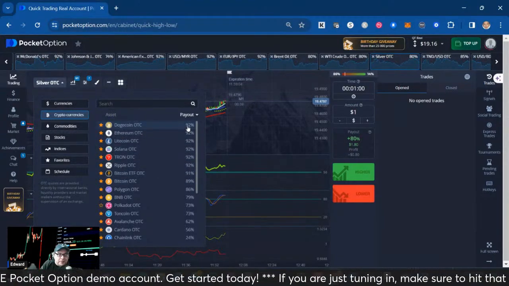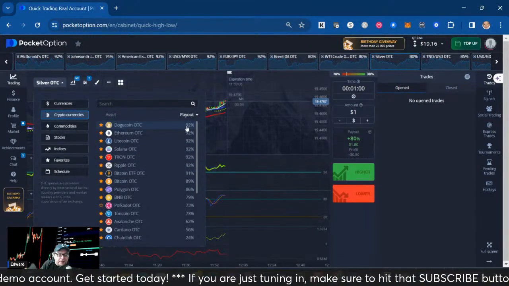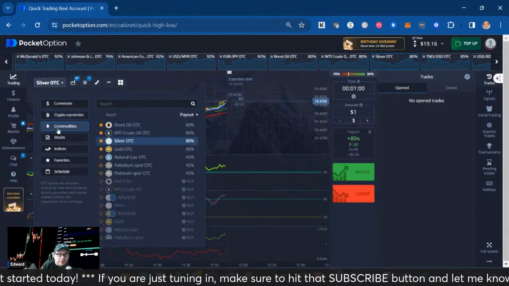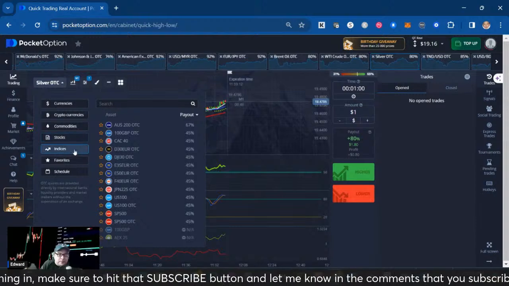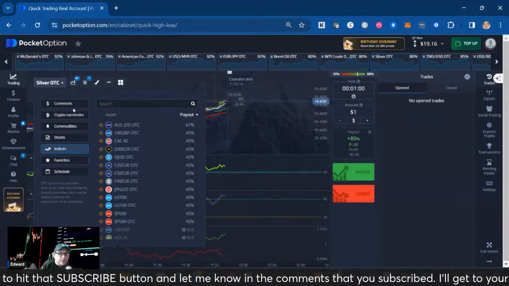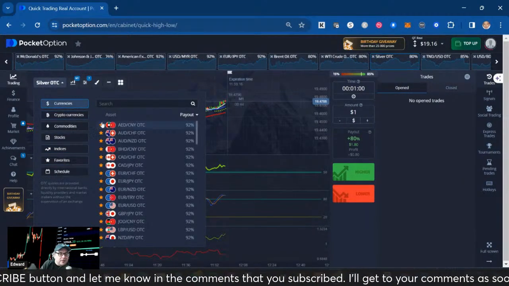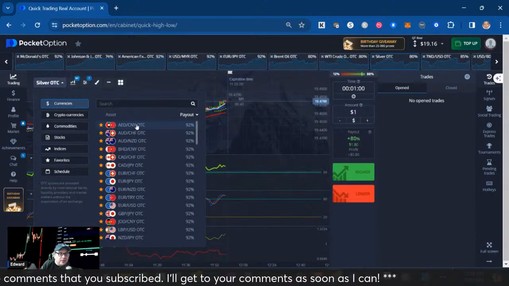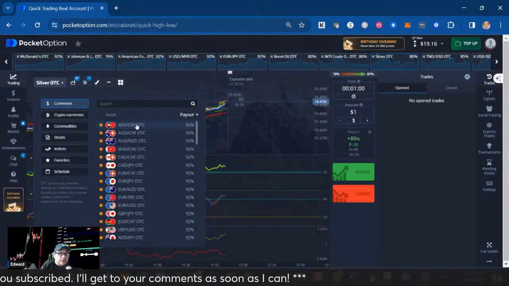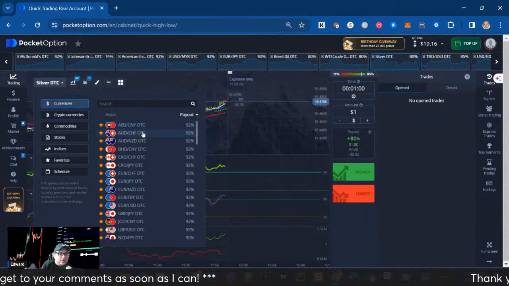So I put $1 down and if it's successful, I get $1.92. Commodities, see if there's anything to our liking. There's Apple, there's indexes. I usually stick around the currency pairs. Those tend to be my thing, but you can obviously do whatever you like if you have a demo account or a real account.